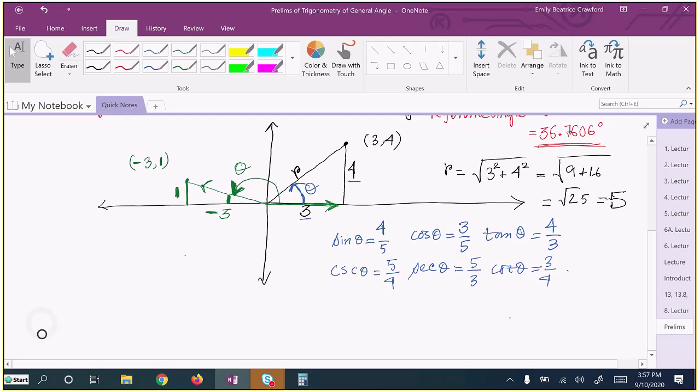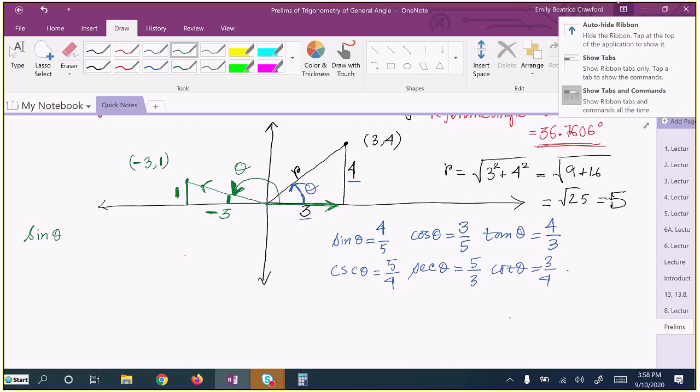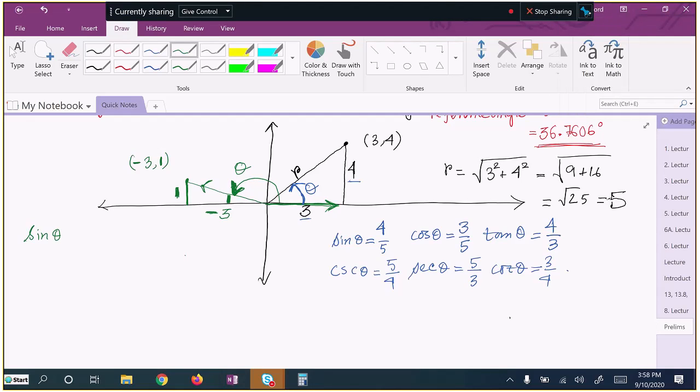that sine of theta, which is opposite over the hypotenuse, so I need to know the hypotenuse first. Again, you can think of the hypotenuse given by the radius r, and then r will be equal to the square root of the two sides squared.